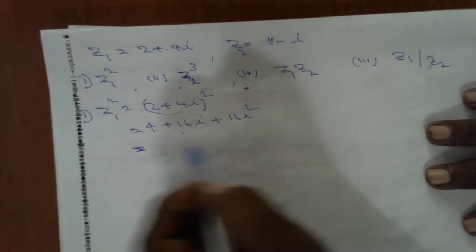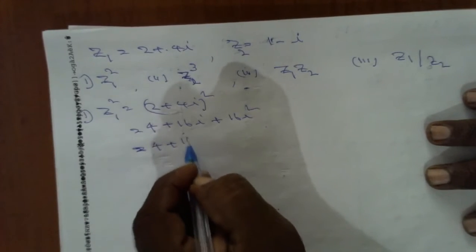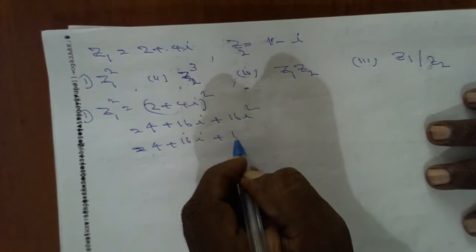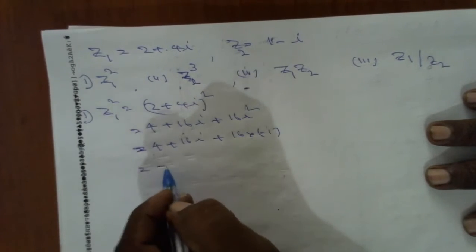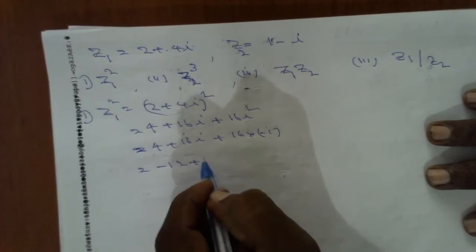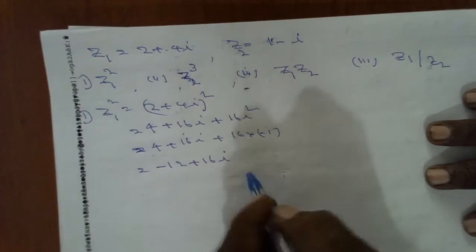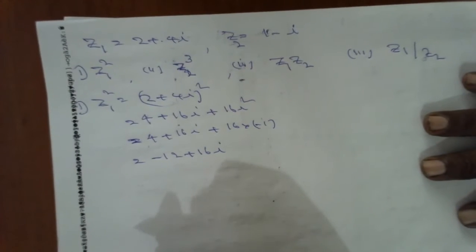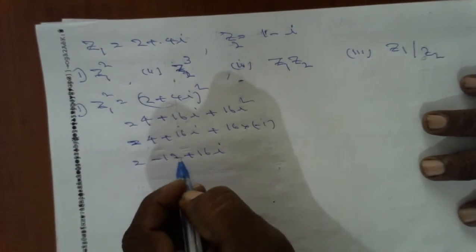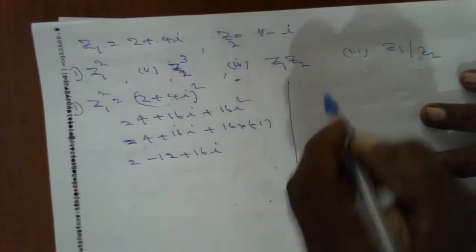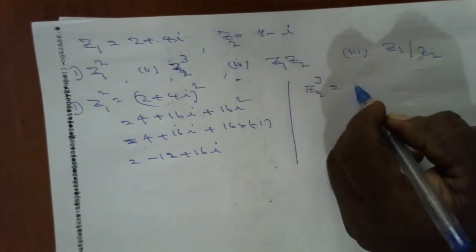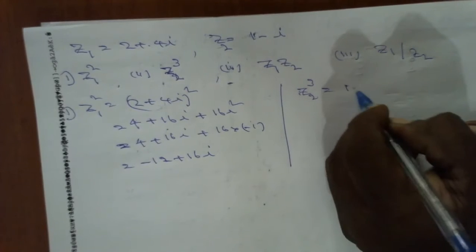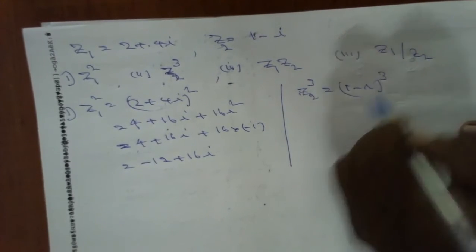Here i squared is minus 1, 4 plus 16i plus 16 into minus 1. So this equals minus 12 plus 16i, right? 16i.